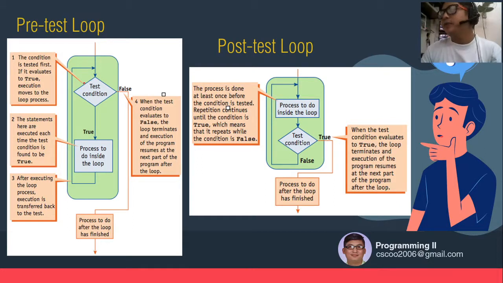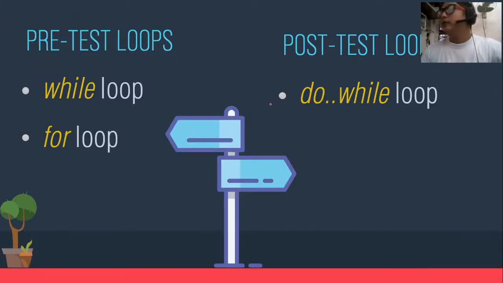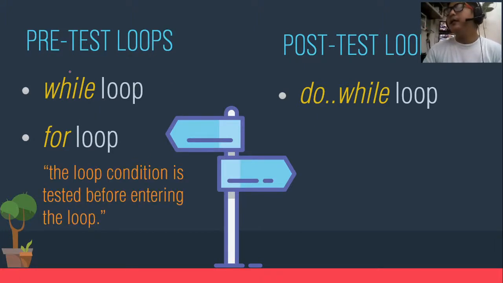For post-test, we use the do while loop. What is the difference between the pre-test loop and the do while loop? The difference is the condition. In the pre-test loop, the loop condition is tested before entering the loop or statement.